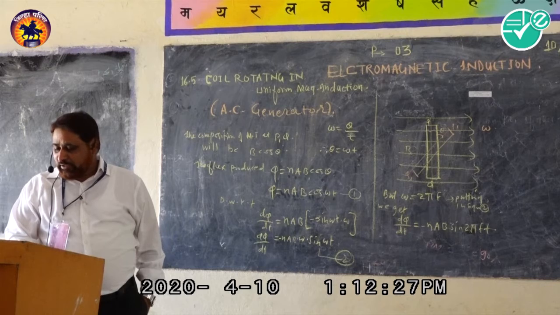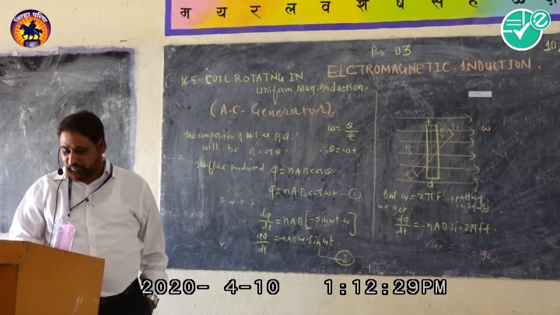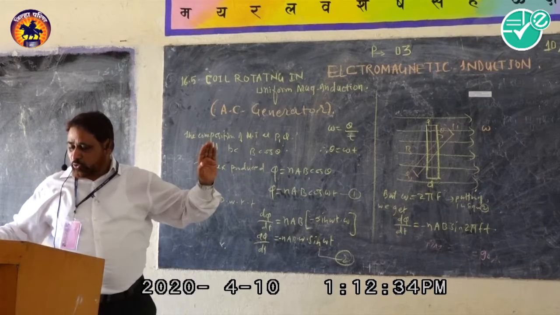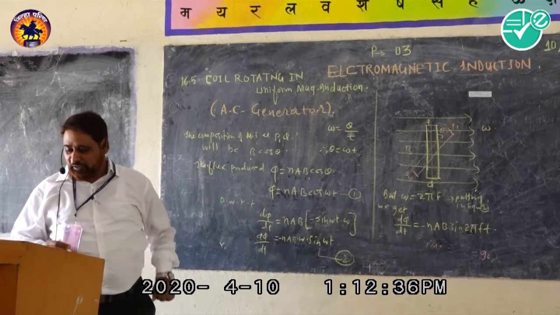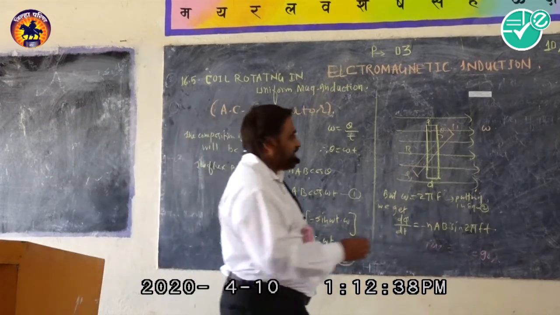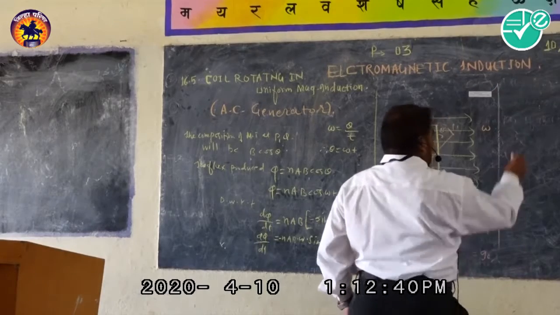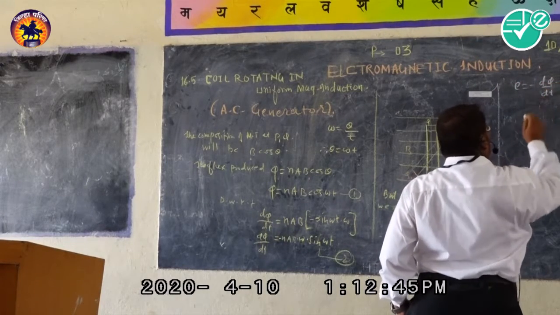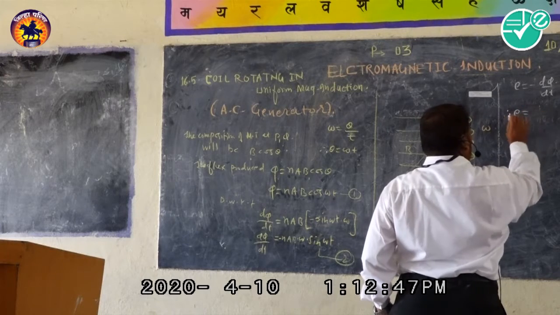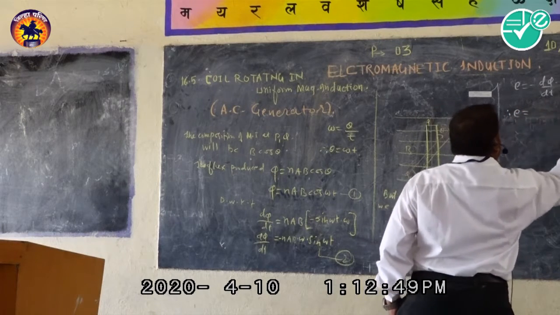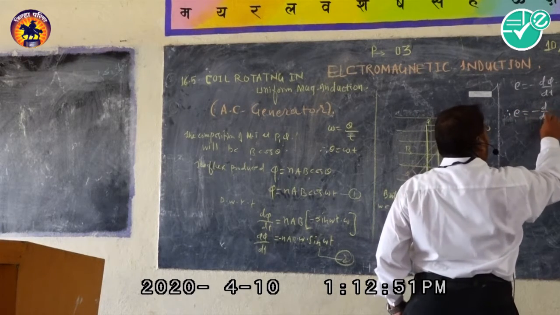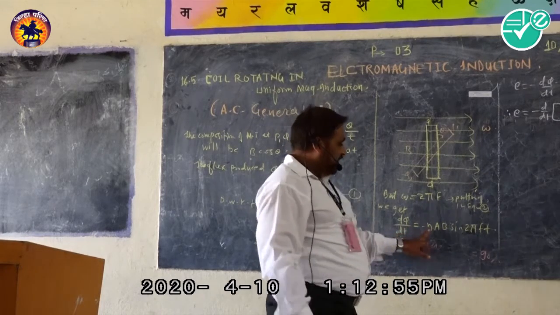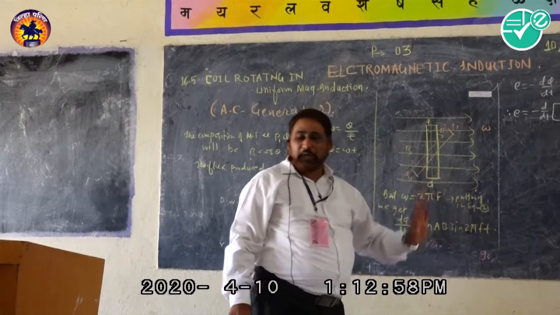If the coil rotates, you might know that the rotating coil produces an EMF. So we can write E is equal to minus d phi by dt. Therefore, E is equal to minus d by dt of phi. What is d phi by dt? Minus NAB sine 2 pi ft.